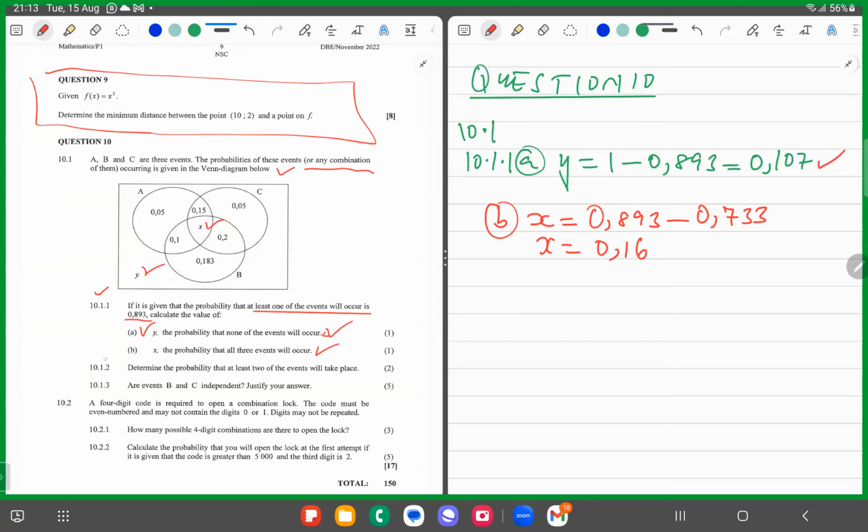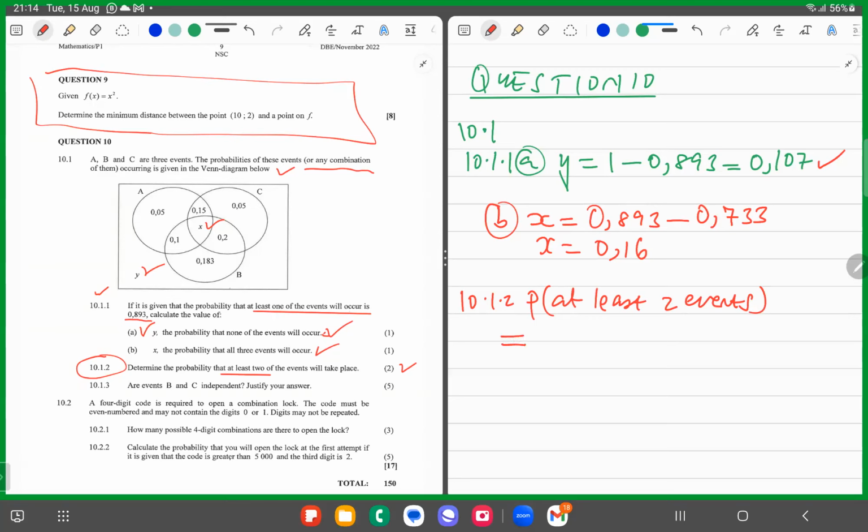Now, in 10.1.2, determine the probability that at least two of the events will occur. So you have to write: probability, at least two events.